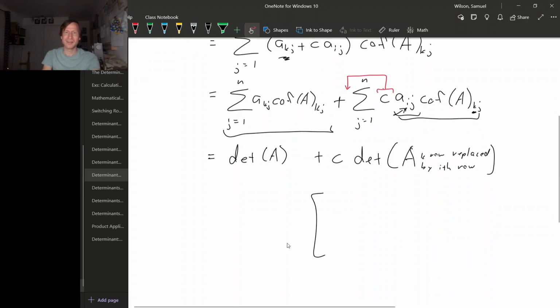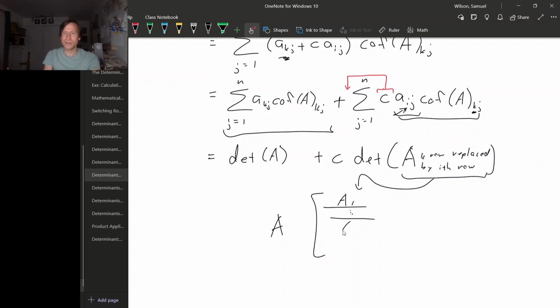This matrix here, that we have the determinant of, looks exactly like A, right? It has all the rows of A, except in the kth row, instead of the kth row of A, it's actually the ith row a second time. So our matrix looks like this.